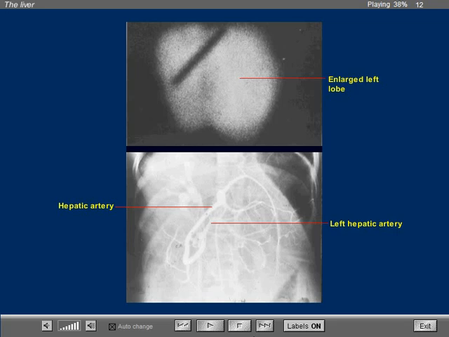Also note that in the injection of the celiac trunk, there is inversion of the trunk in the sense that the takeoff of the common hepatic artery and splenic artery come from the caudal part of the celiac trunk, not from the cephalic portion of this artery. Also note that the left hepatic arteries are much larger than the right. In none of these two studies, one could see a focal abnormality in the left lobe of the liver. This was simply a hypertrophied left lobe of the liver.